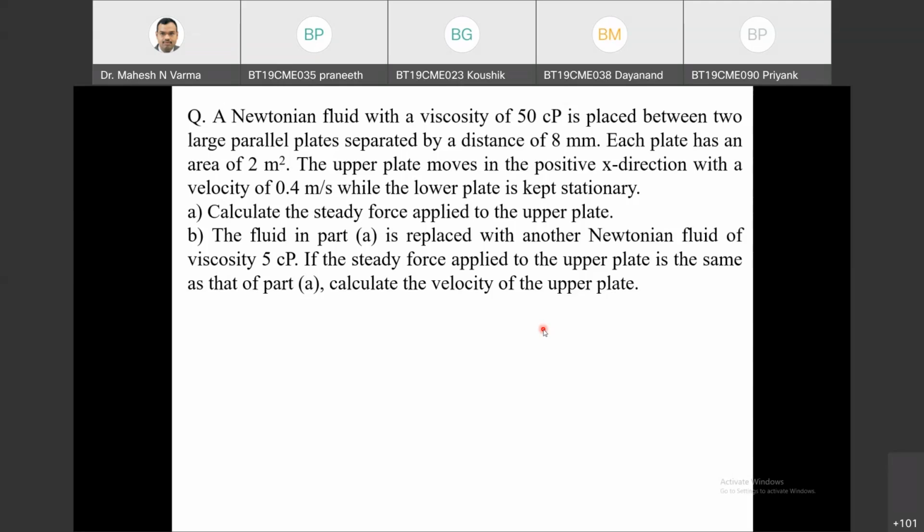Today it was late, I didn't remember that. Newtonian fluid, viscosity. Which law is related with this? Viscosity, velocity, Newton's first law. Newton's first law, what is that law?